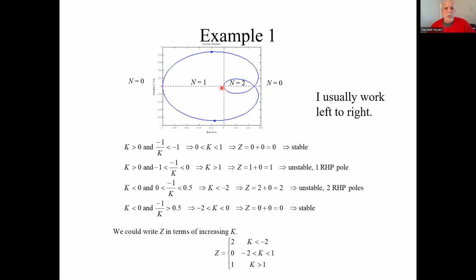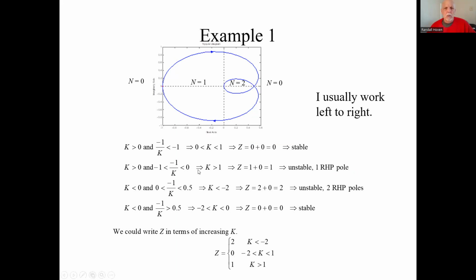The next segment is here. That's for any point that's between -1 and 0. And that means where k is greater than 1. K itself is greater than 1. N was 1. Closed loop system has 1 pole in the right half plane.